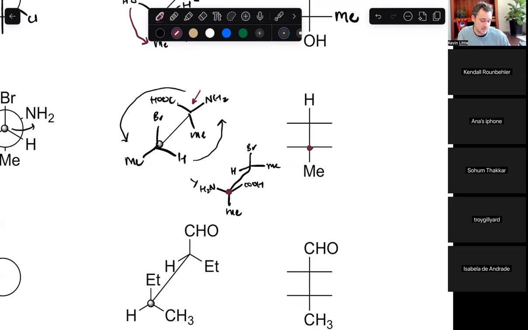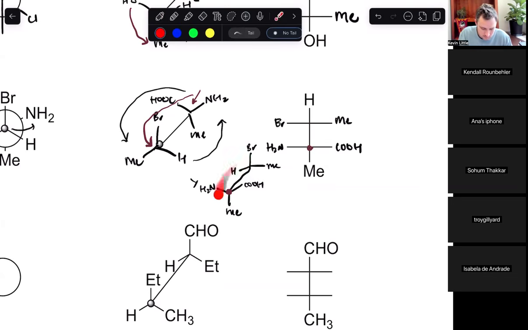So if I'm standing at the back of the molecule, that methyl's pointing down, which it is, then the carboxylic acid is going to be on my right. And the NH2 is going to be my left. If I then stay standing in the back, I've got to get this hydrogen away from me. So I'm going to look at it like that. That puts the bromine on my left and the methyl on my right. So that's how I do it.